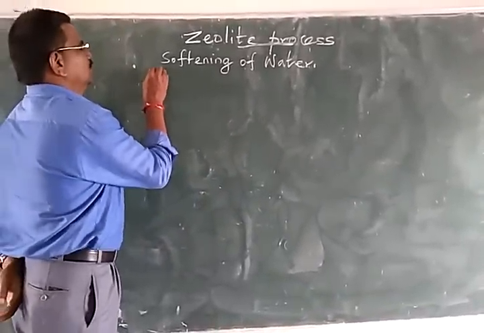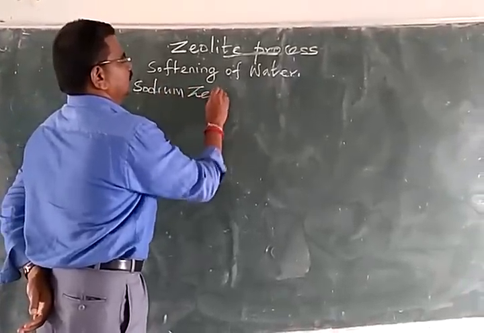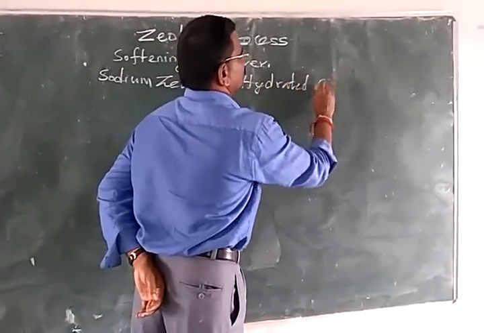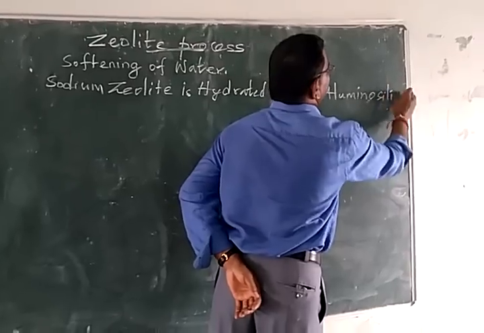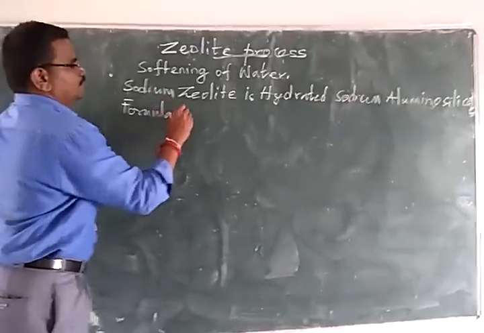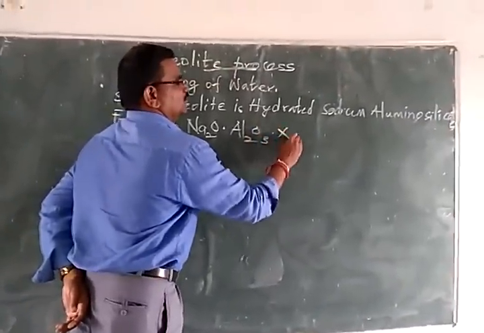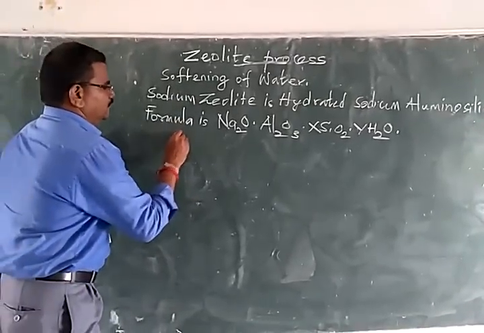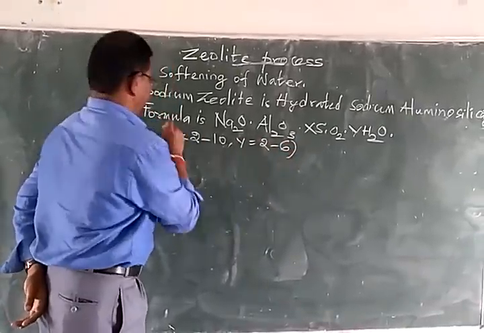The formula is Na2O.Al2O3.xSiO2.yH2O, where x is equal to 2 to 10 and y is equal to 2 to 6.